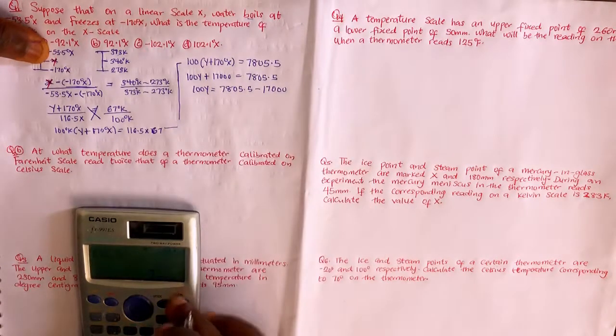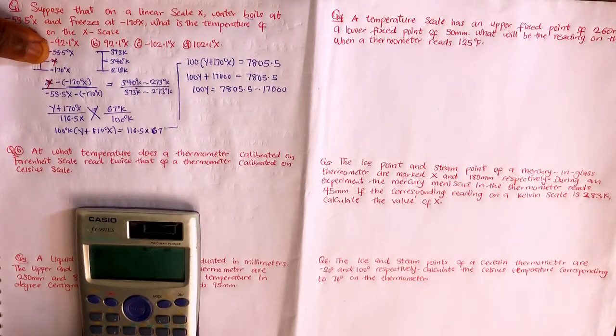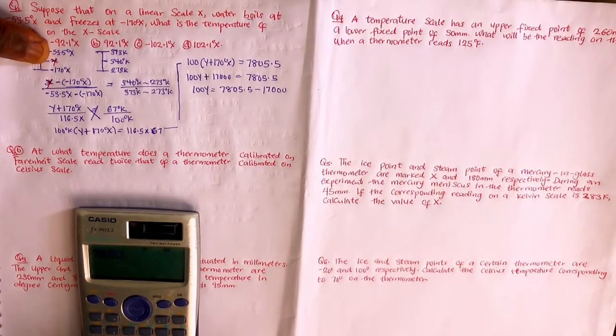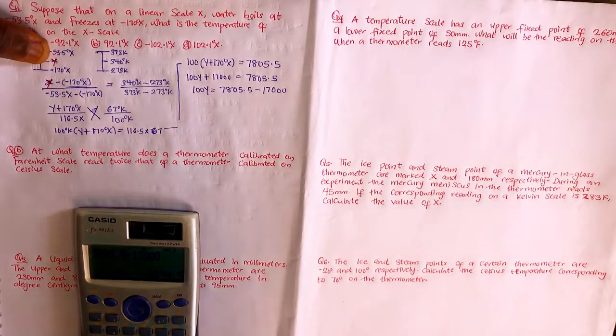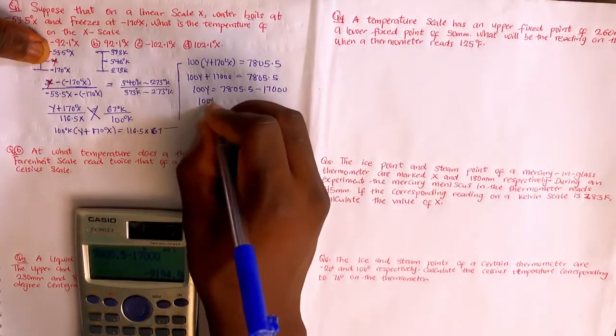So let's just check the differences between that one. That's 7805.5 minus 17,000. That should give us minus 100y equals to what?